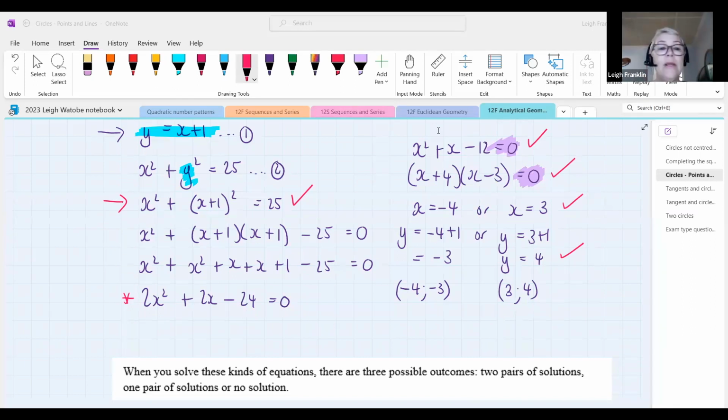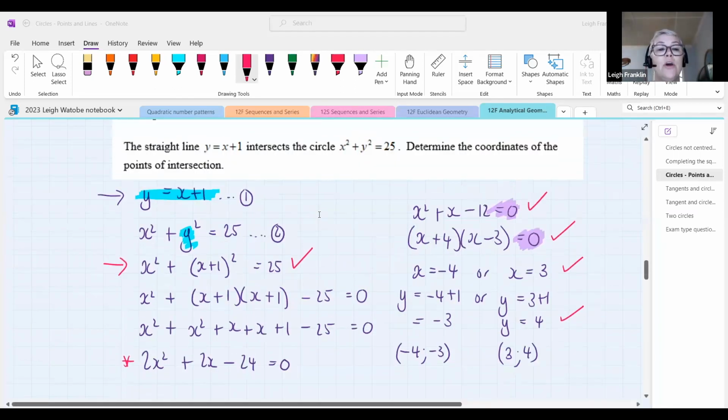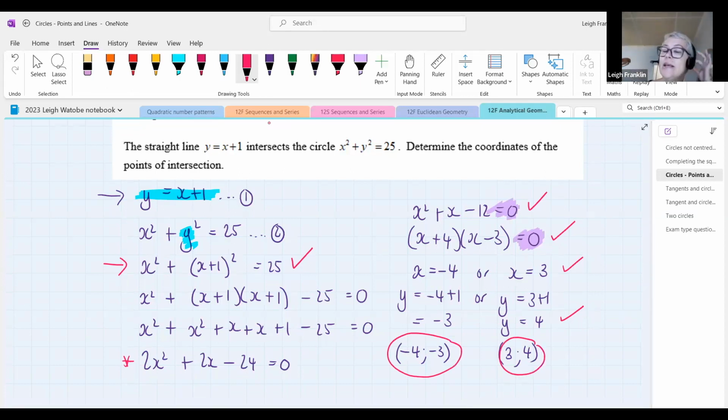All right, is everybody happy with that? Any questions before we move on? Any questions, guys? All good. Okay, lovely. What we can assume from the fact that there are two solutions here is that the straight line intersects, please mute, thank you, the circle at two places.